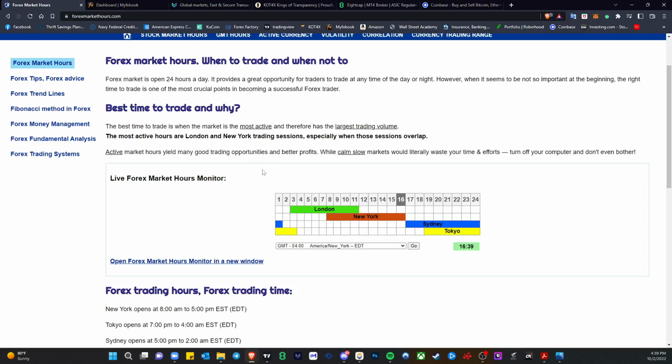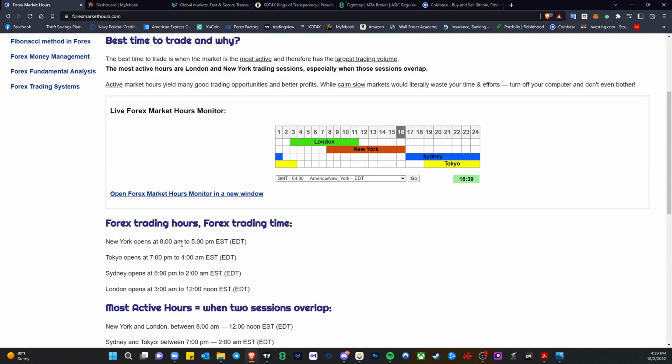There's like four market sessions, right? So we got the London session, New York session, Sydney, and Tokyo session. All these sessions, pretty much this is the best time to trade a pair that is within the session.